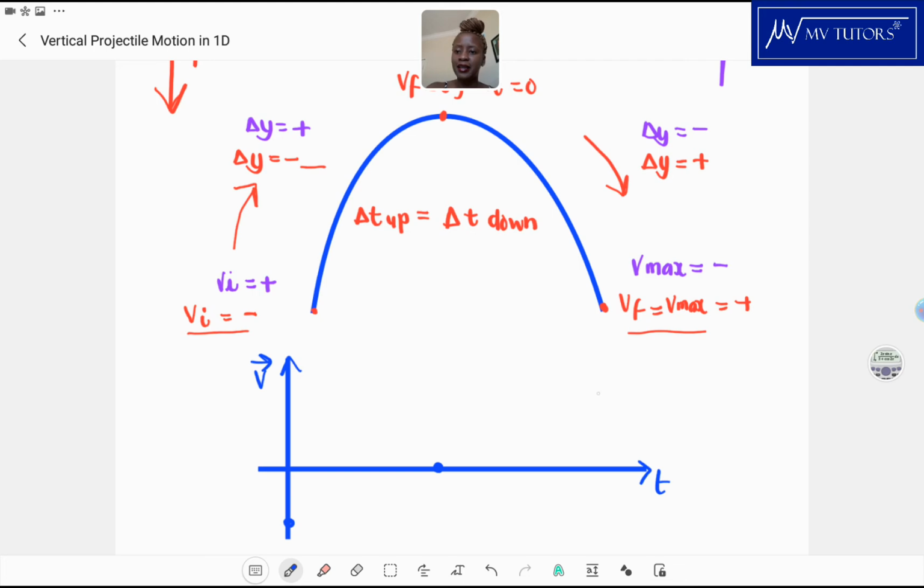Okay, and it will reach its maximum. And these values here, let's say you had an initial velocity of 5, it should also be 5 there, its maximum. Okay, and then you'll have a straight line looking something like that. So yeah, I tried.